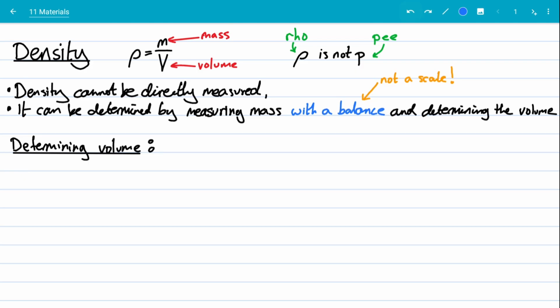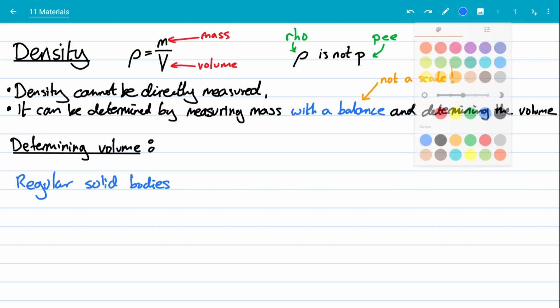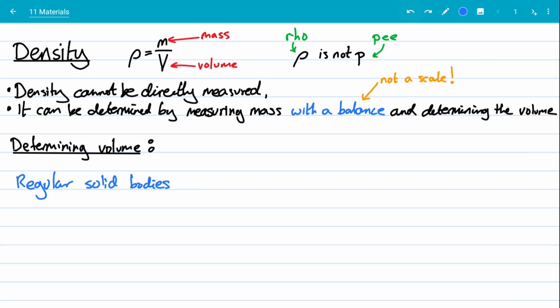If we have a regular body, and I should be clear, I'm talking about regular solid bodies here, then what we do is we measure the necessary lengths, and it depends on the shape. So if we were using a cylindrical body, then we would measure the diameter of the circular part and we would measure the length.